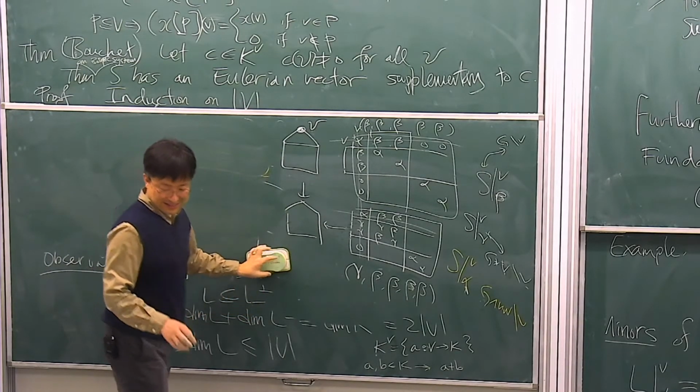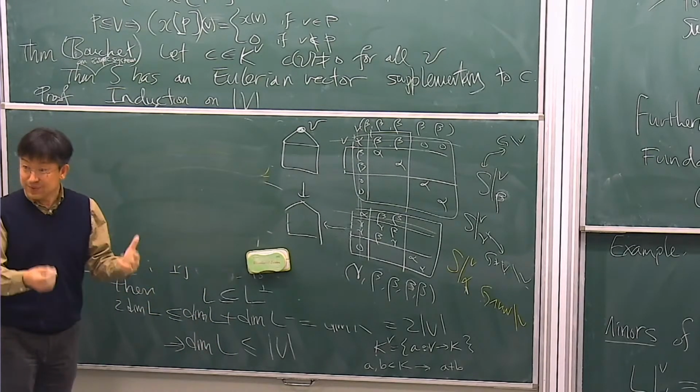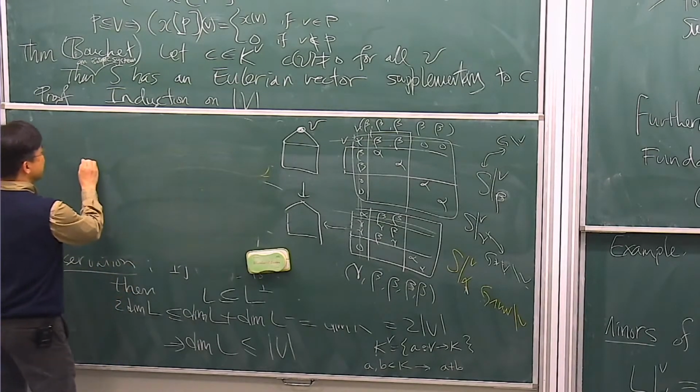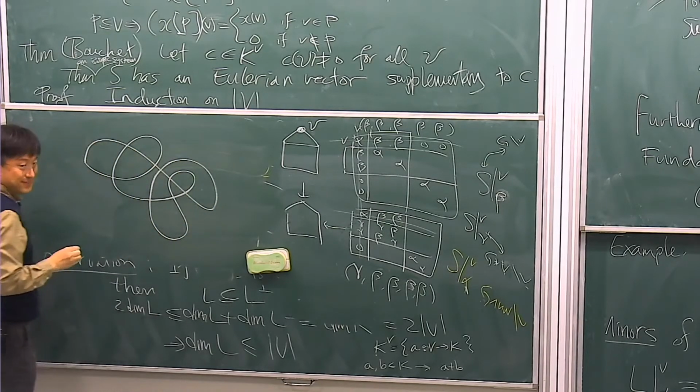So the name Eulerian vector comes from the Eulerian circuit in a four regular graph. So what that means is, let's say you have a four regular graph.